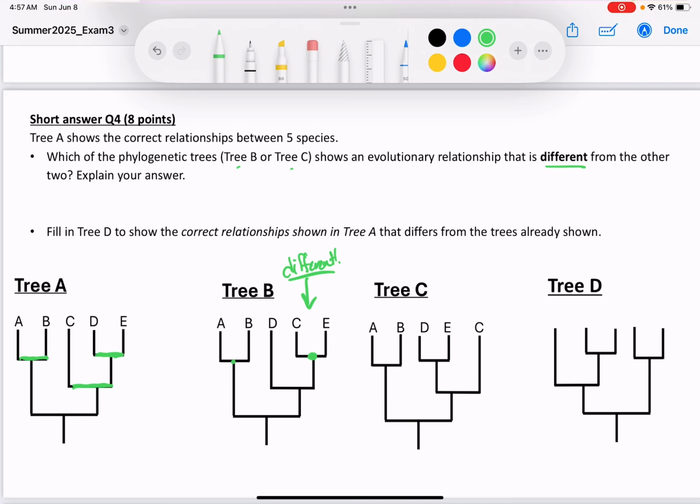Okay, let's check quick with tree C and see if it matches. So A and B is good, D and E is good, C being closely related to D and E is good. So tree C is the same as A. So tree B is different.